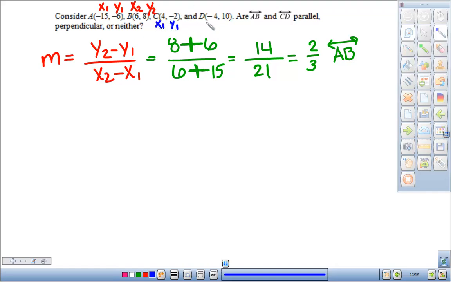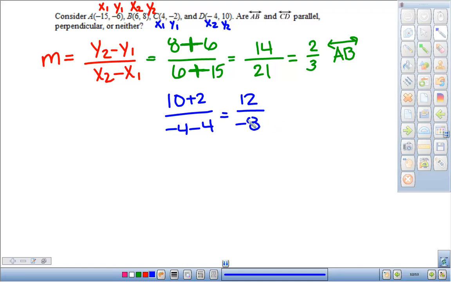x1, y1, x2, y2. So my y2 is 10 minus -2 changes it to plus, -4 minus 4. Okay, 10 plus 2 is 12. -4 minus 4, okay, so that's a -8.